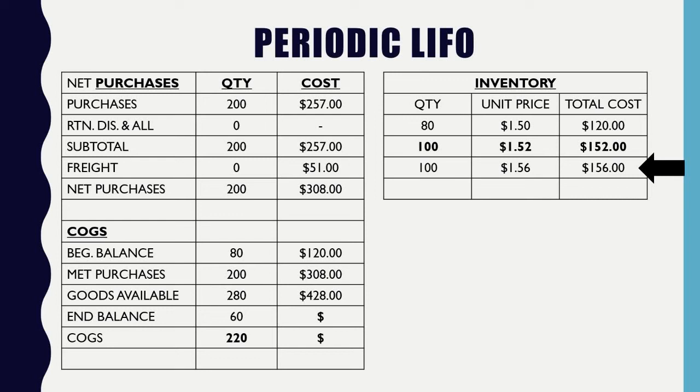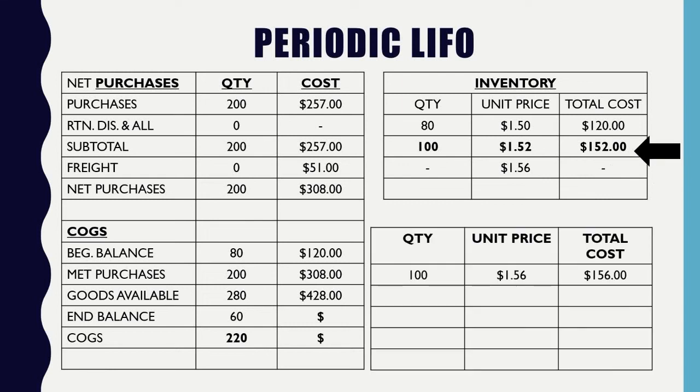So in this scenario, when we're calculating our cost of goods sold, we need to take out a total of 220 items. So in this case, we're going to take the last thing that came in, the last purchase that we made, which was the 100 items at $1.56.